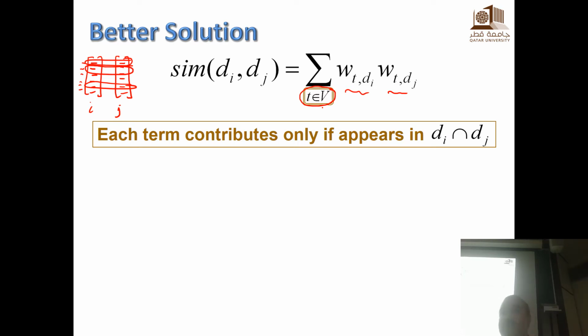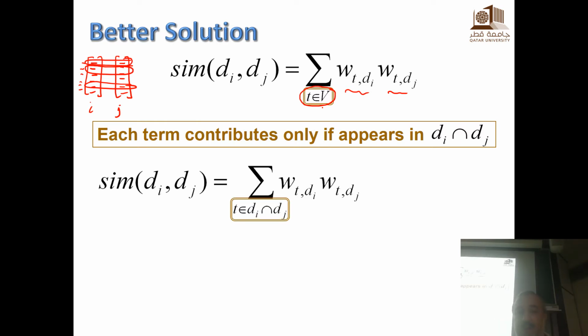Is it clear? Good. So we can replace this T belongs to V with just T belongs to the intersection of them, which means both documents.